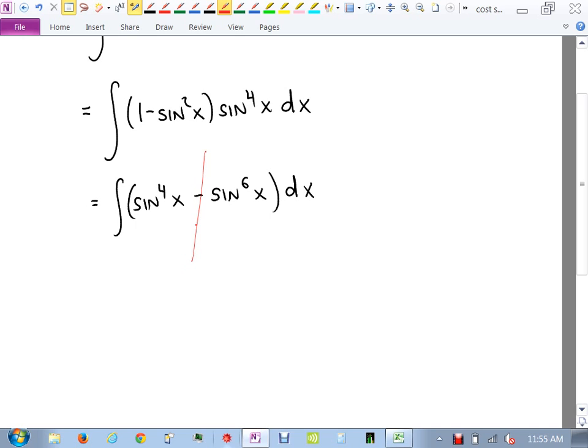Now, this is not a basic substitution, right? Why? If you let u be sine x, du is cosine x. It's not there. But each of these is assigned to an even power. Sine to even power, power reduce. This would be a disaster. I mean, just be a mess, wouldn't it?